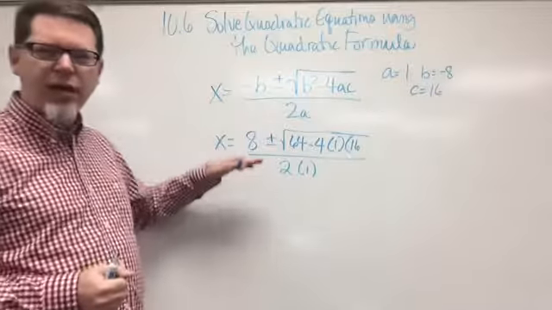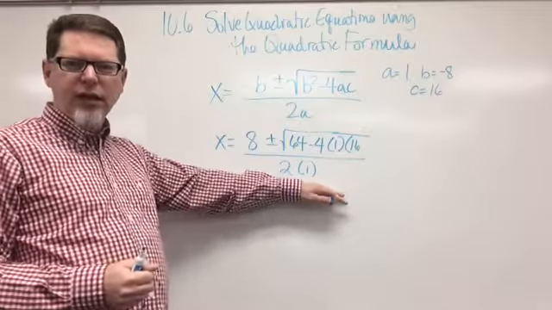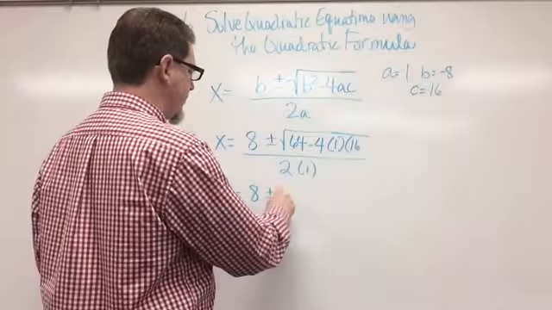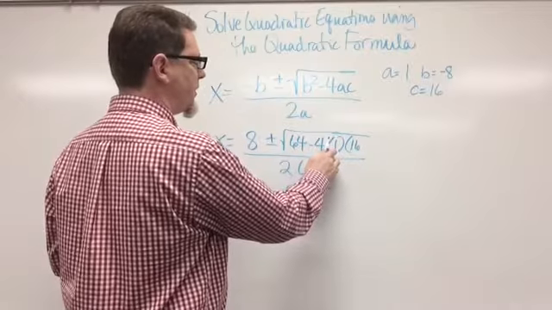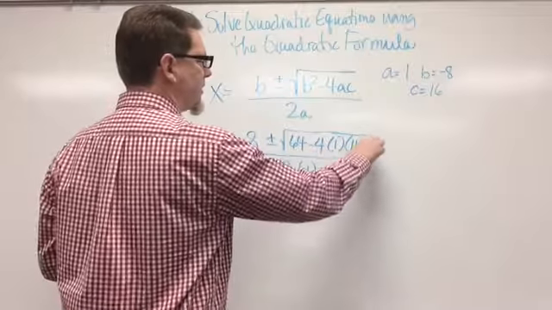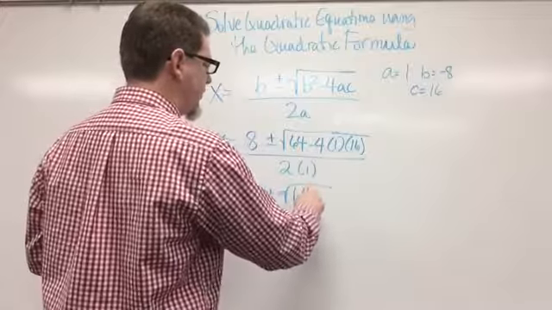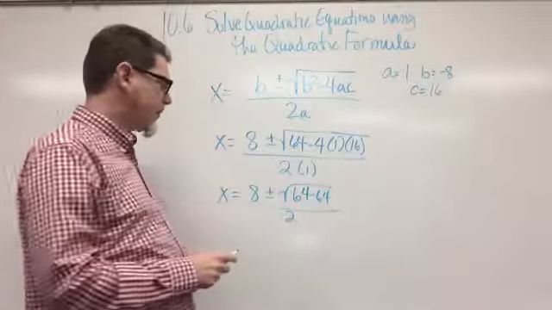So I plugged in my a, b, and c into my quadratic formula, and now I'm going to just keep going. So x equals 8 plus or minus the square root of 64. Negative 4 times 1 is negative 4, and negative 4 times 16 is negative 64. So that'd be 64 minus 64 over 2.